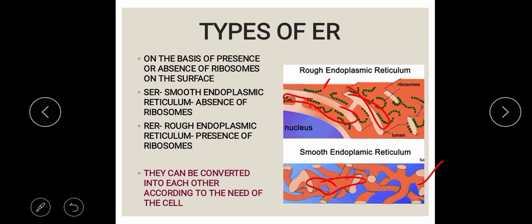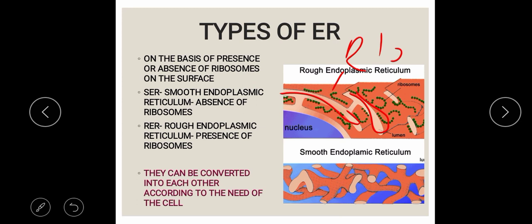Now we talk about the types of endoplasmic reticulum on the basis of presence or absence of ribosomes on the surface. We divide the endoplasmic reticulum into two: the rough endoplasmic reticulum and the smooth endoplasmic reticulum. In this diagram we can see that these cisternal-like structures form the rough endoplasmic reticulum, and these green structures are the ribosomes.